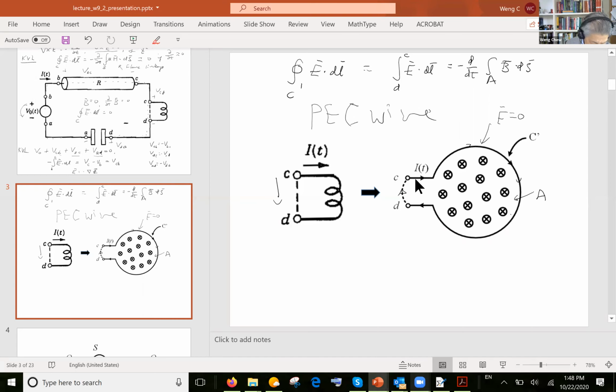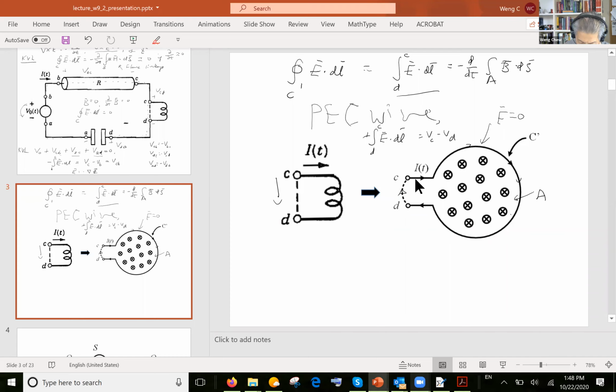I'm going to pick up only the last bit of the integral, in the gap where I'm doing the integration, and I can define a voltage. This is equal to VC minus VD. That last bit of integration that I pick up is going to be VC minus VD.